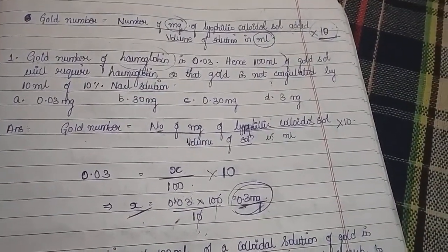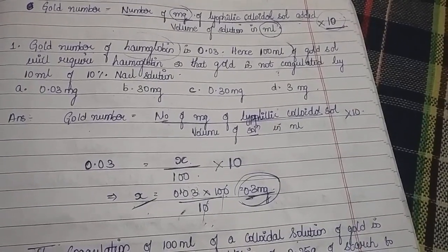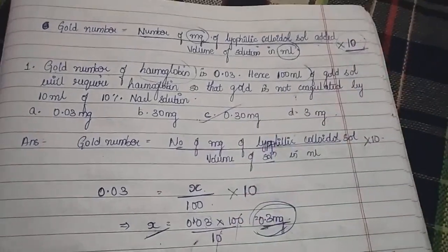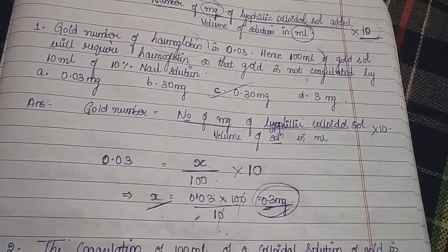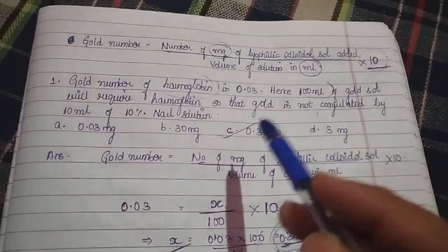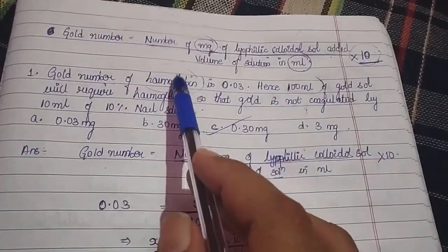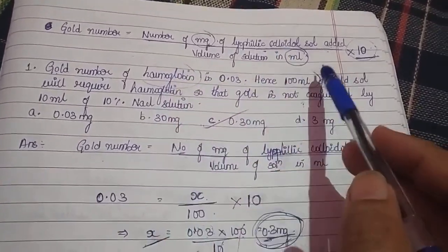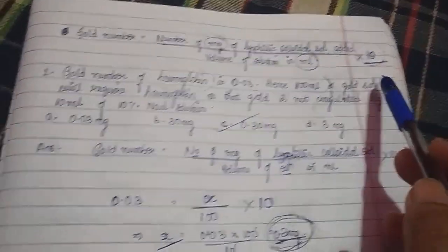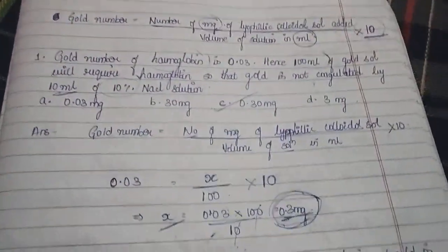Very much important. So 0.3 milligrams, yes. So what does it mean? 0.3 milligrams of your hemoglobin is required in order to protect your 100 ml of gold sol from coagulation when you are adding 10 ml of 10% NaCl solution.